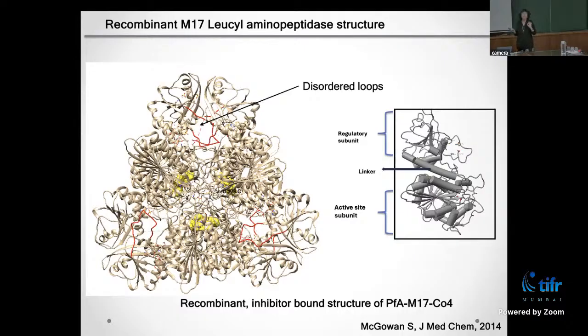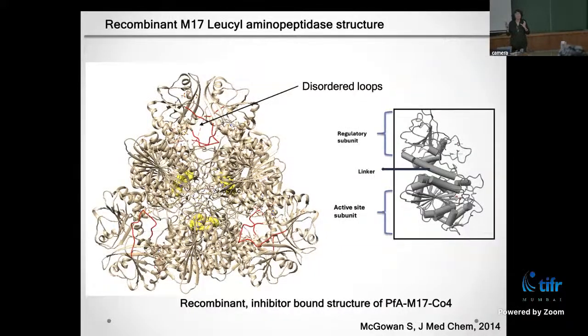What was very surprising to the authors was that while similar enzymes in the malarial parasite have very obvious channels for substrate entry and product release, this did not seem to have much of a control mechanism, so to speak. So what would control the entry of the substrates into the active sites and what would control their release from the active site was not very obvious from the crystal structure of the recombinant protein.